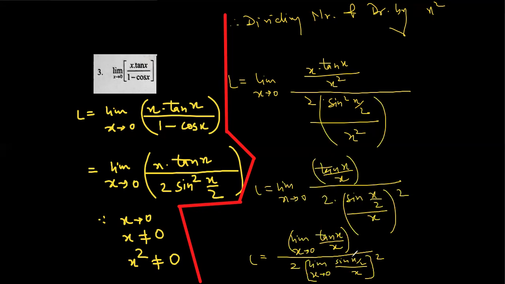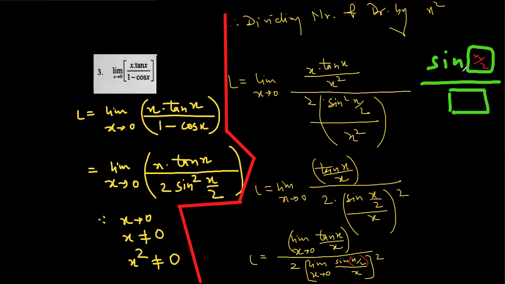And here what is going to happen, students? See, this is sine of x by 2. You know the result says whatever angle, there are conditions to be satisfied in order to use those results. What was the condition? If you have sine of some angle here, the denominator should have the same angle. So if I have here the angle x by 2, I should have x by 2.